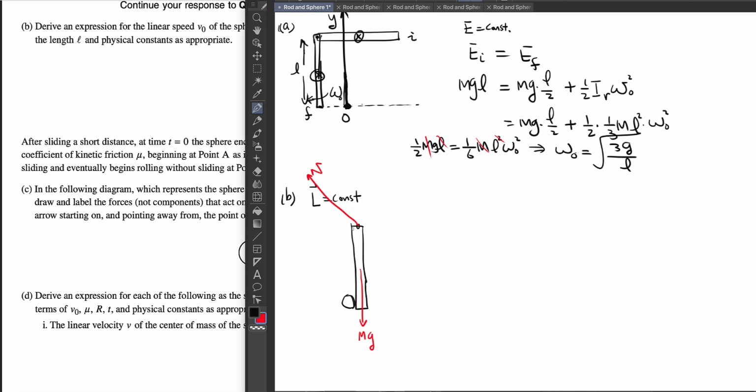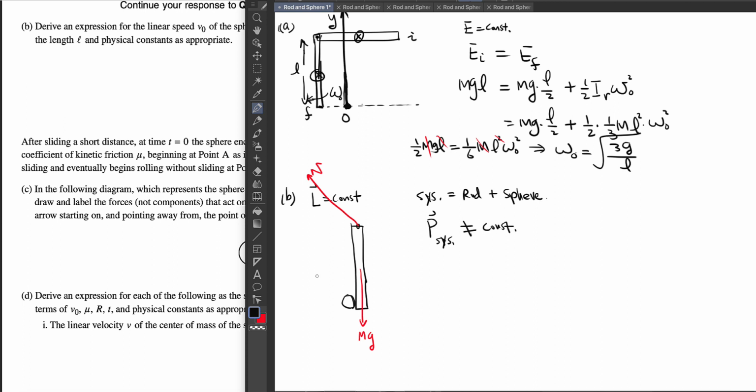That will change the total linear momentum of the system. So the system here is rod plus sphere. The linear momentum of the system in this process is not conserved.